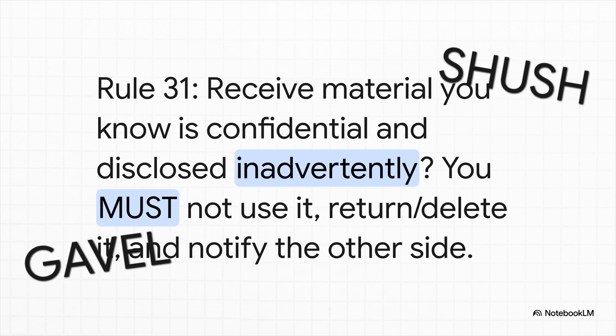If you get material, and you can see it's privileged, and it's obviously been sent by mistake, you cannot use it. You must stop, you must return it or delete it, and you must notify the other side. Trying to get a sneaky advantage from someone else's mistake is a serious breach of your professional duty. Rule 31. Don't forget it.